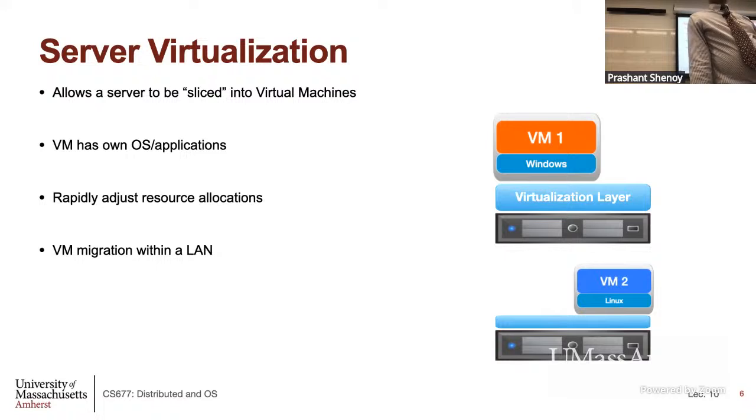So it is advantageous. In fact, there is a third layer that is called an orchestration layer, which we'll talk about, that can even automate this process. So a human administrator doesn't even have to do this. That monitoring software will figure out one of the VMs is overloaded. It will automatically migrate one of the VMs to another machine to free up resources.